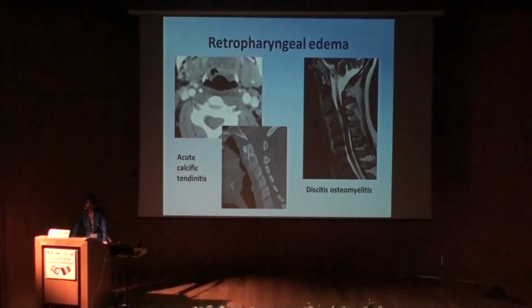In this case, we can see retropharyngeal edema which is the result of acute calcific tendinitis, which we can diagnose by seeing those calcifications in the upper insertion of the longus colli muscle.